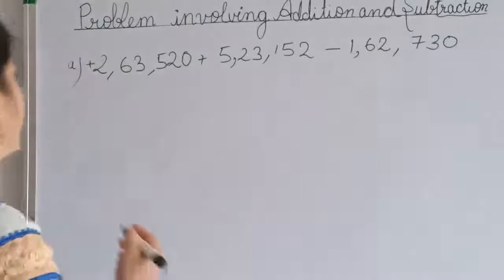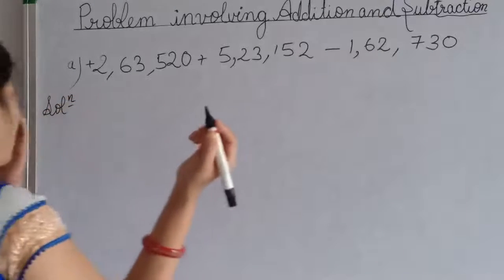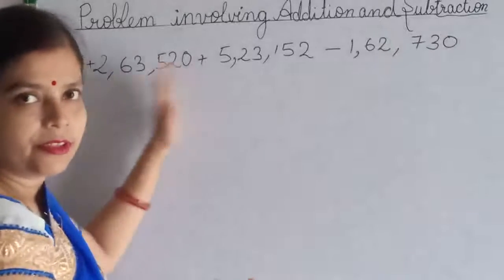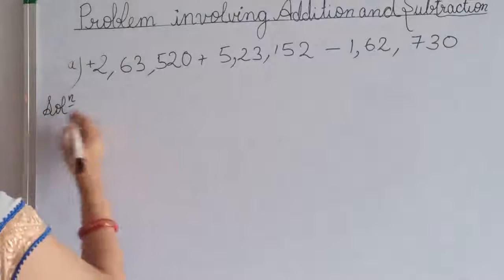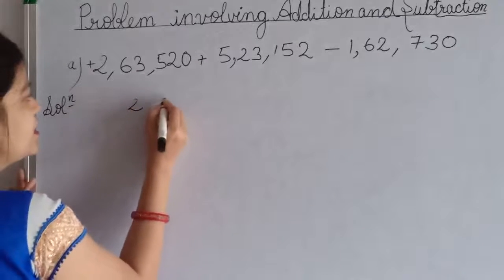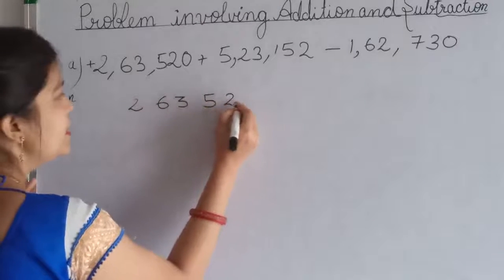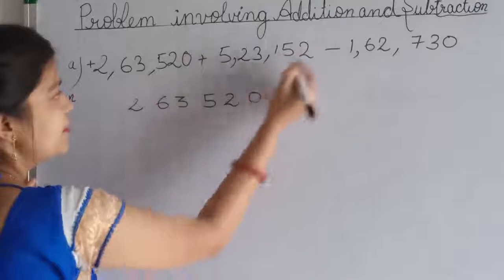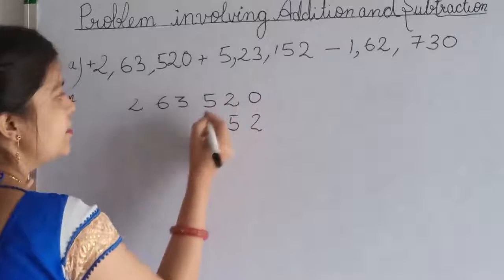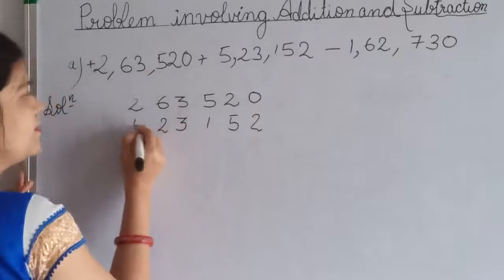You see here how we are doing. If you want to write a place value chart, you can write in a place value table only, or simply you can write like this also, 2,63,520. Otherwise you can start from here: 2 ones, 5 tens, 100, 3,000, 2 ten-thousands and 5 lakh.